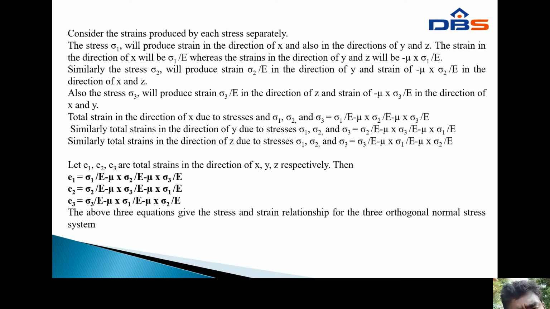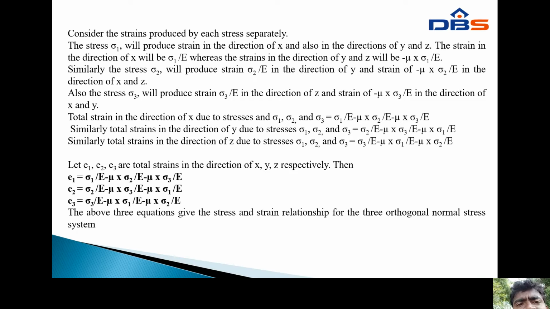And also stress sigma 3 will produce sigma 3 by E in the direction of z, and strain of minus mu into sigma 3 by E in the direction of x and y.